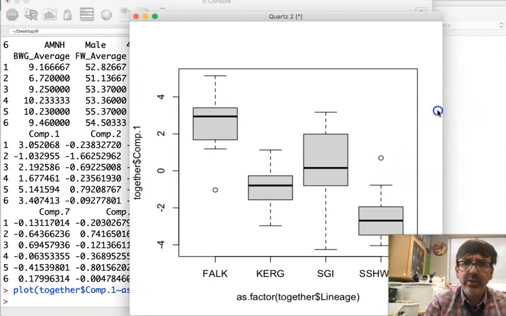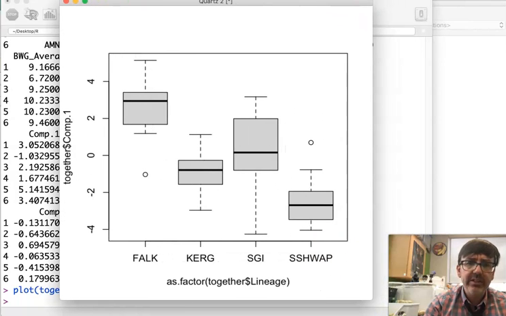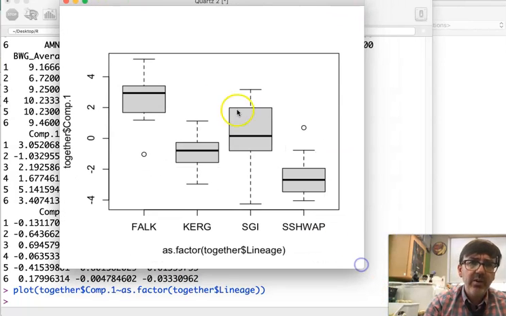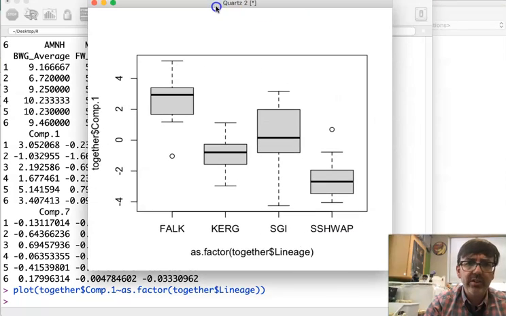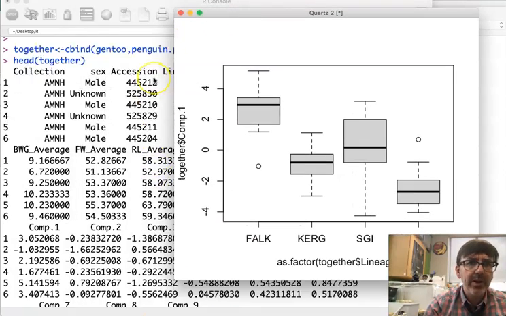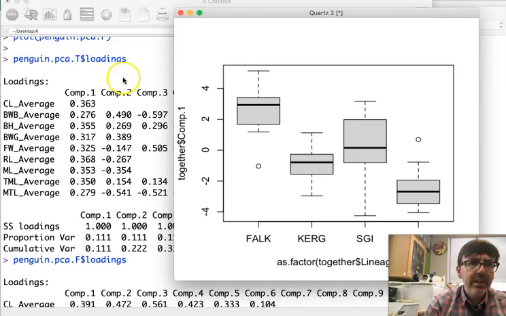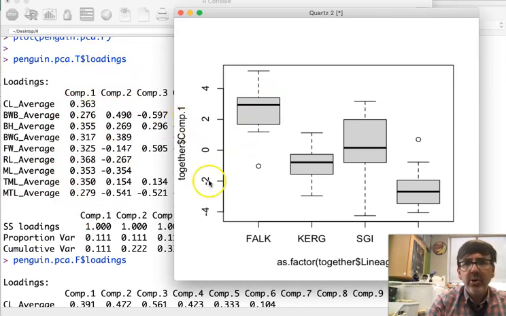And if that has worked, I can now see visually what my component 1 scores are. If you remember, according to my loadings from up here, these were all positive loadings. So I would say that my Falkland Island ones look like they're bigger than these other locations.